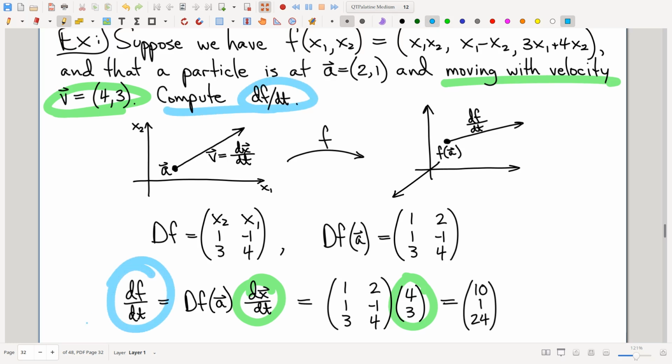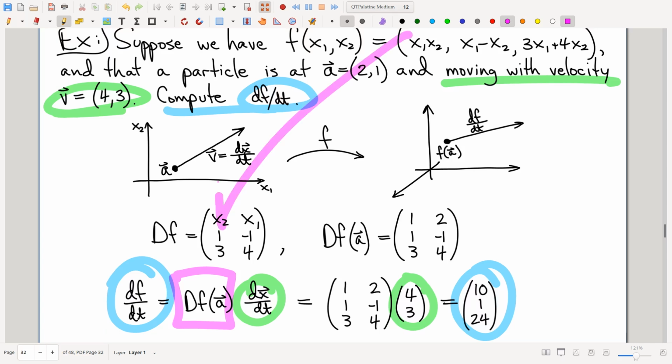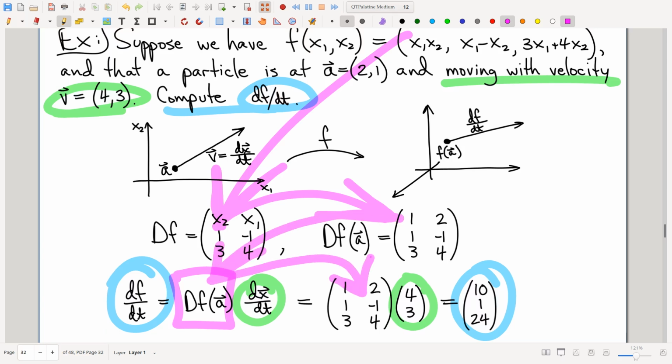How are you going to compute this output velocity? Well, the derivative matrix is what does that. So you've got to take your f and compute the appropriate partials and assemble and then plug in the given point. And then that's what you put here, which we just did the arithmetic of, and it turns out, this right here. So all this example is saying is exactly what we had on the previous page. The derivative matrix multiplies by input velocity to give output velocity.